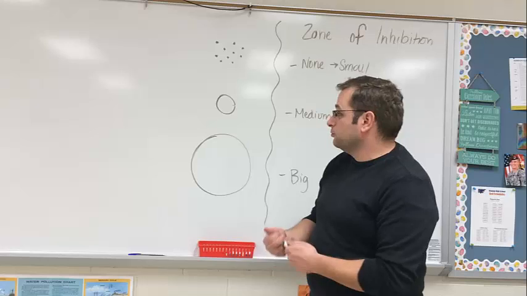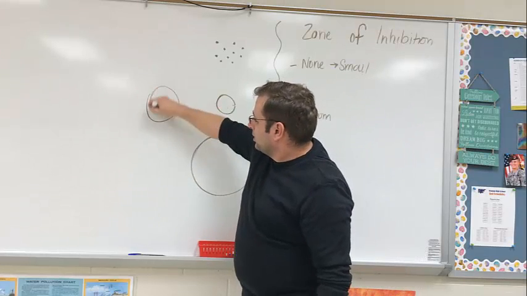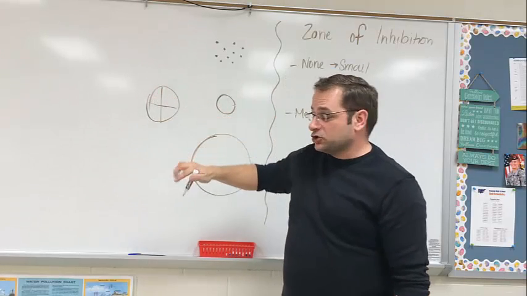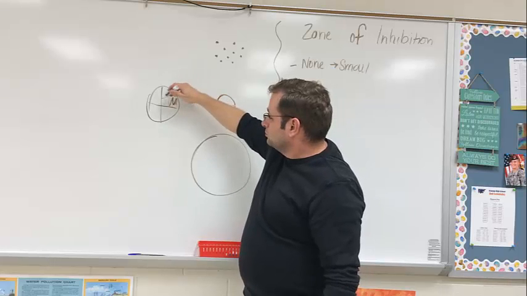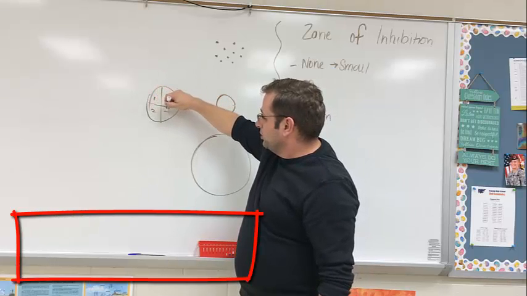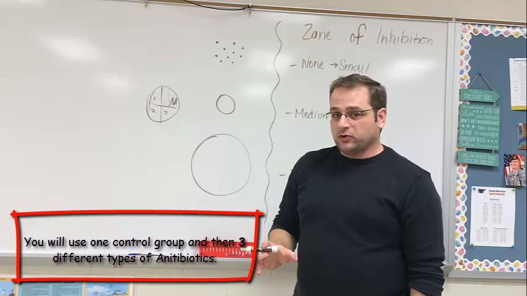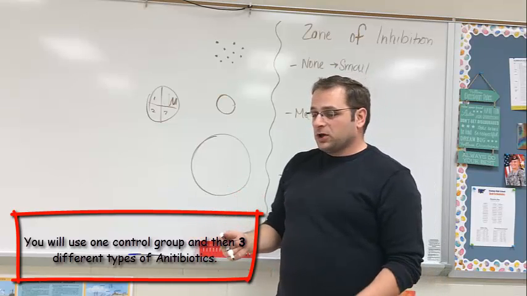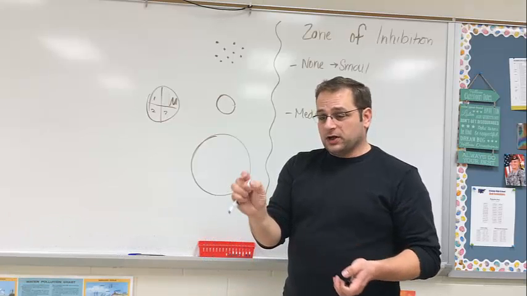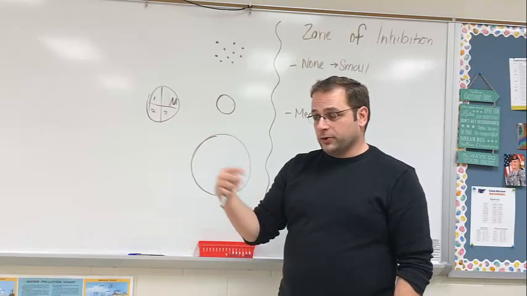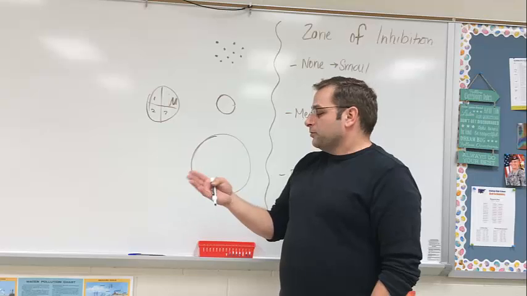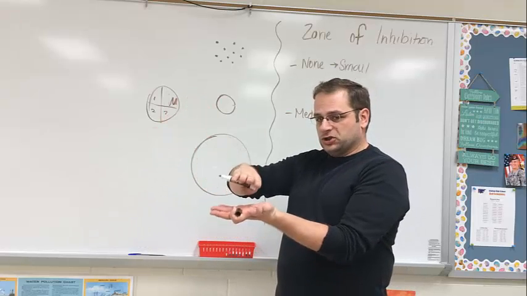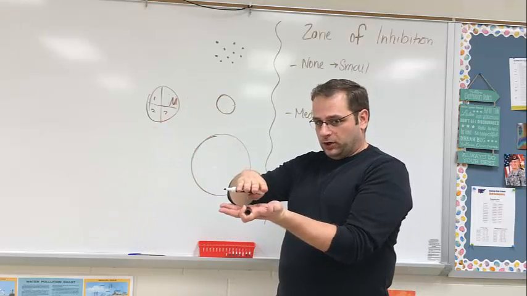Now, we will divide our sample into four different sections. One will be the control, and then there will be 1, 2, and 3. Those are the three different types of antibiotics that we're using to test. The antibiotic is going to be on a little circular disc that you should have read about in the reading, and that's going to be touching the agar with the E. coli.